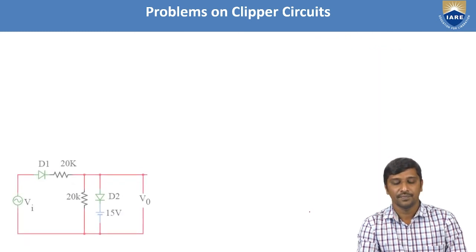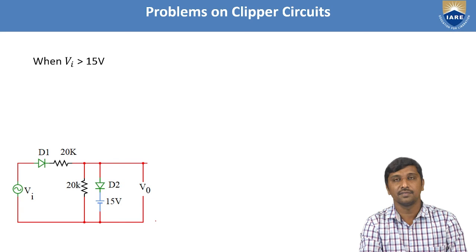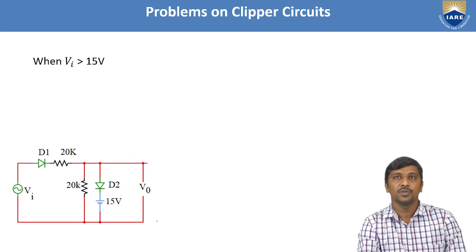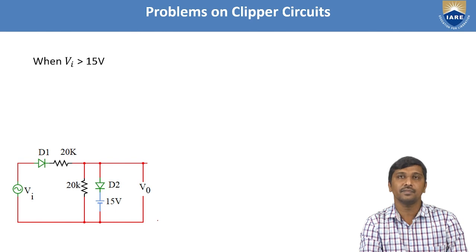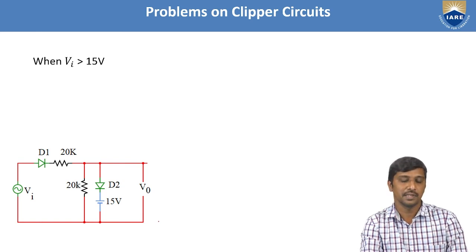Similarly, now we need to identify for the same circuit what happens if Vi is greater than 15 volts. Up to this point we observed what happens if Vi is less than 0 and if the input lies between 0 and 15. Now we'll see what happens if the input is greater than 15 volts.